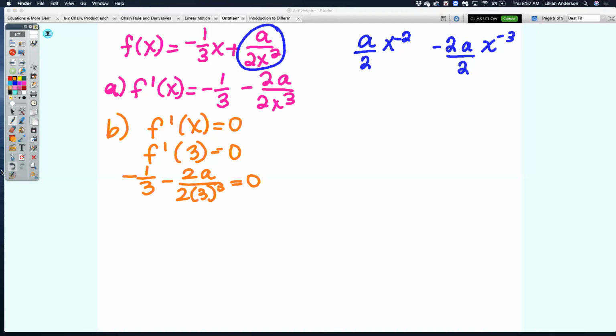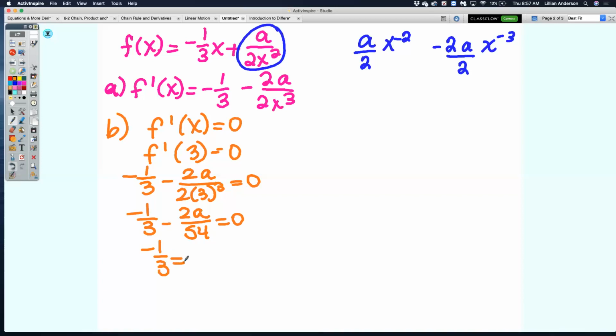What is 3 to the 3rd power times 2? 54. So this becomes negative 1/3 minus 2a over 54 is equal to 0. Then you need to continue to show the algebraic process to get that a is equal to negative 9 by adding over 2a.